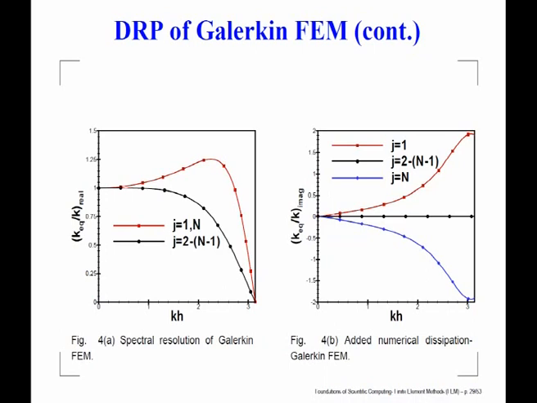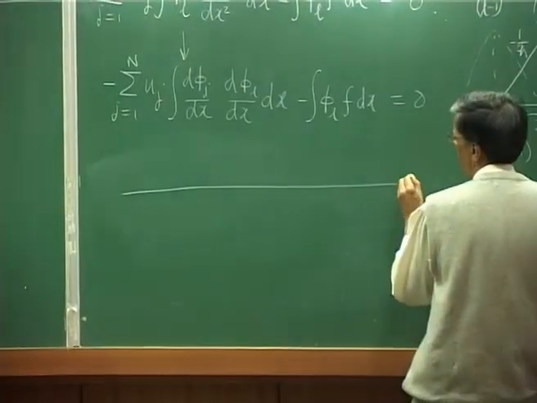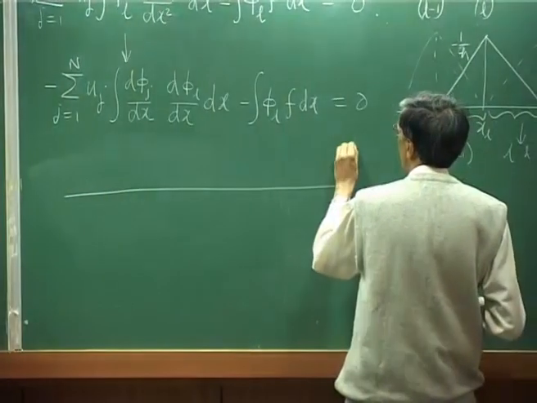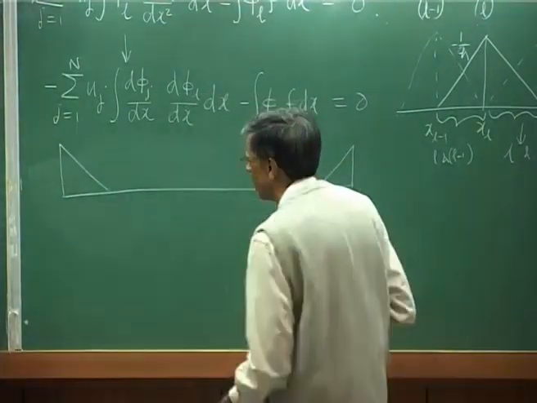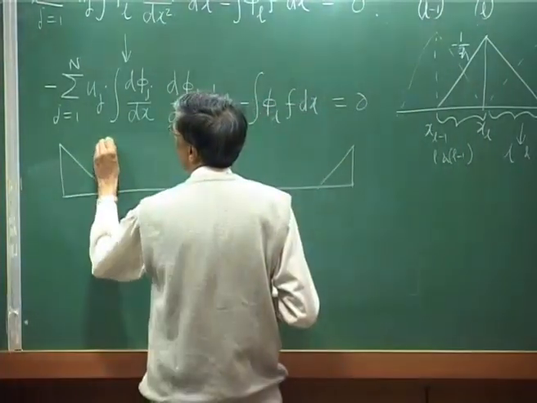The only thing is, you will have to do something more for the nodes which are at the end of the domain. Let us try to explain it a bit. Suppose this is my domain and this is my first element; first and last element, we integrate it like this. The second element is of course like this.